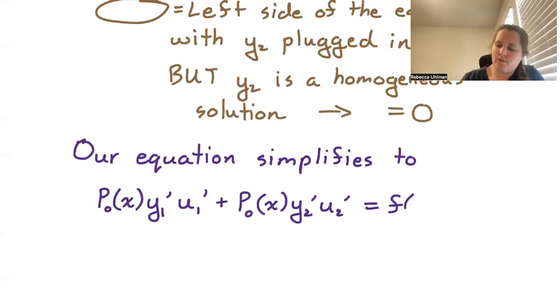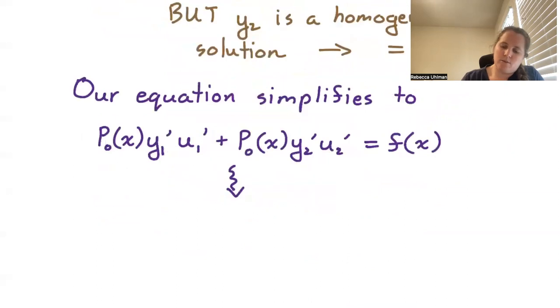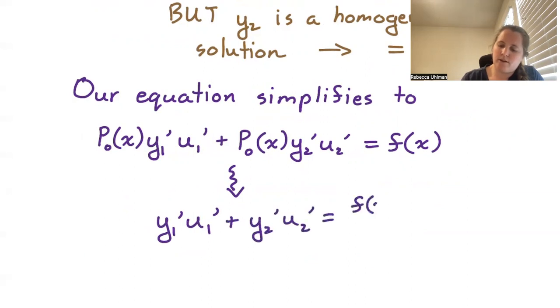This equals f of x. Or rewriting this, we get y1 prime times u1 prime plus y2 prime times u2 prime is equal to f of x over P0 of x.